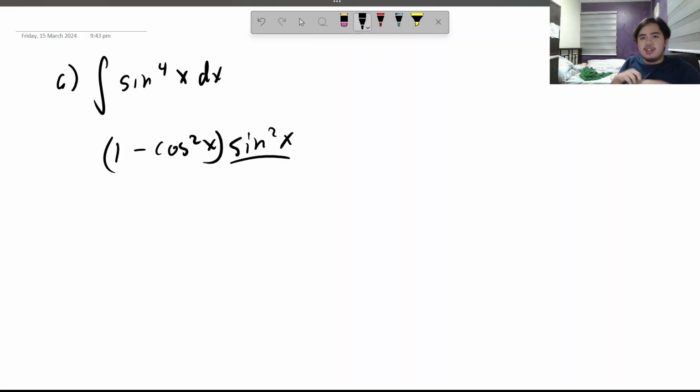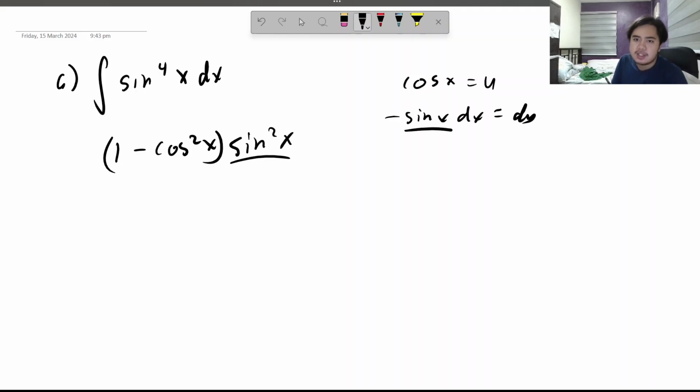We can't turn that into something meaningful, like a sine x. Because if we used cosine x equals u, the negative sine x dx equals du. What we need is one sine, not a cosine. So that's going to be very difficult. What can we do in this situation?